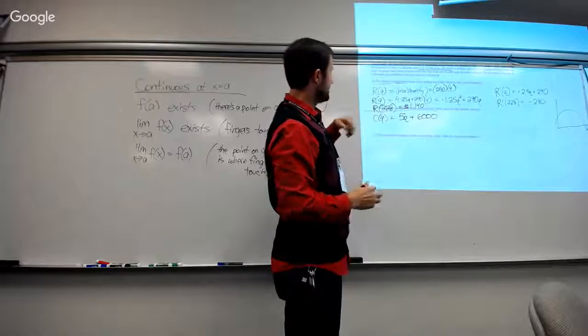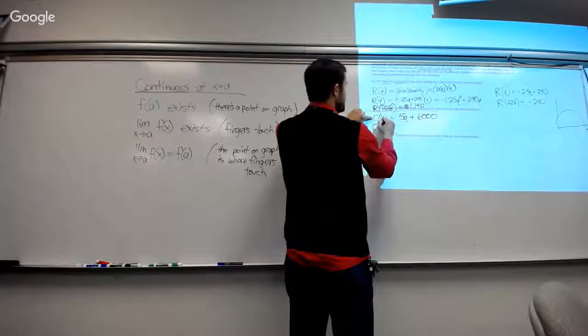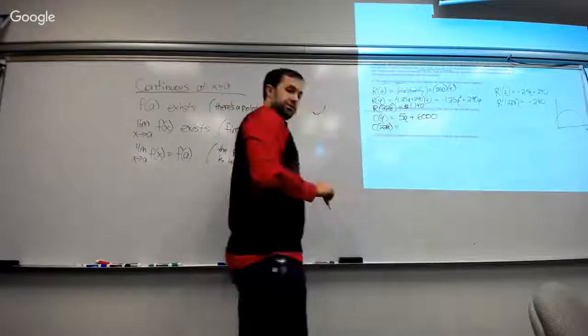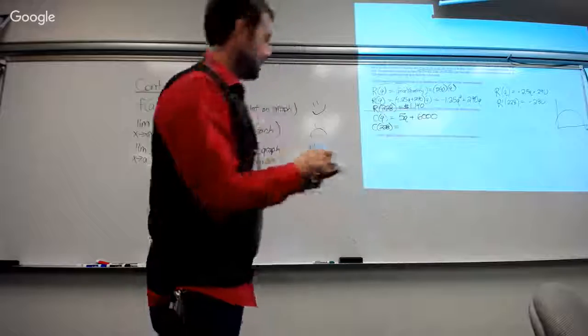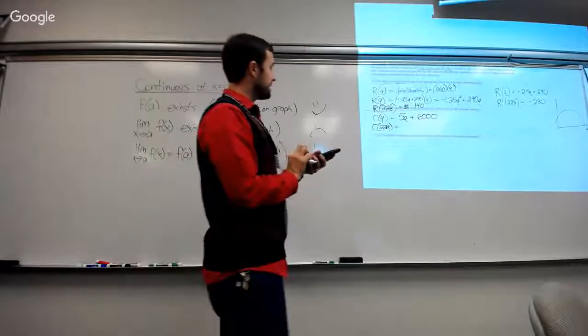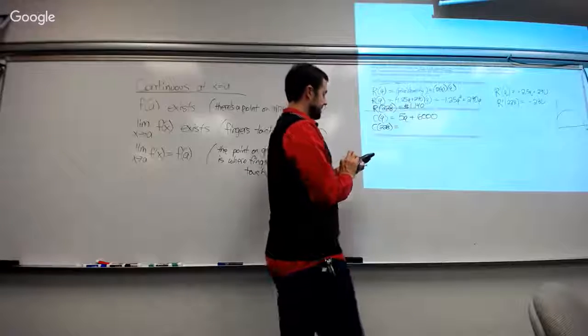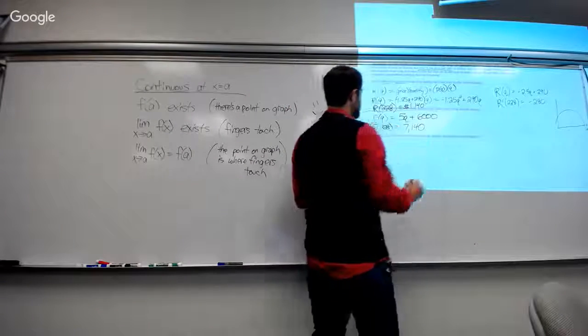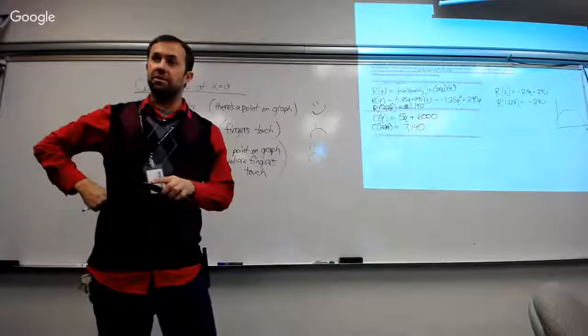That's our cost. So we can now go ahead and find the cost of 228 items. The cost of all 228 items is 5 times 228 plus 6,000. That's 7,140.